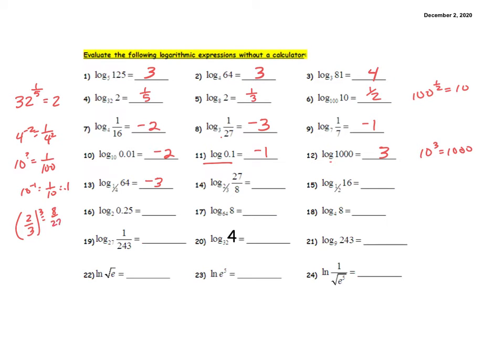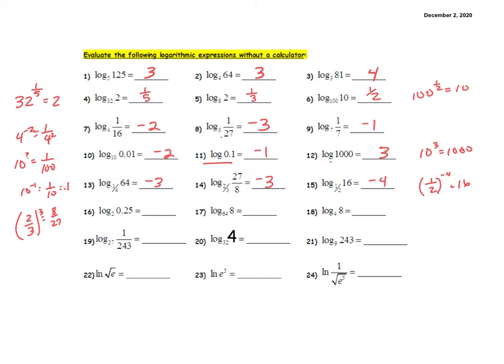Since I want to flip it and make it 27 over 8, then it needs to be a -3. And again, 2 to the 4th is 16, so 1/2 to the -4th would be 16, because 1/2 to a negative power would be 2. So to the -4th, that's going to give you 16.